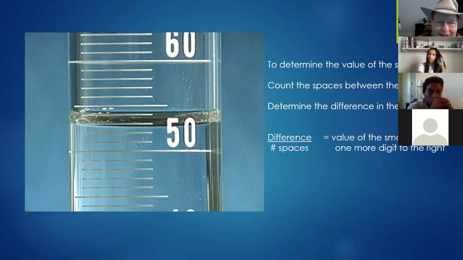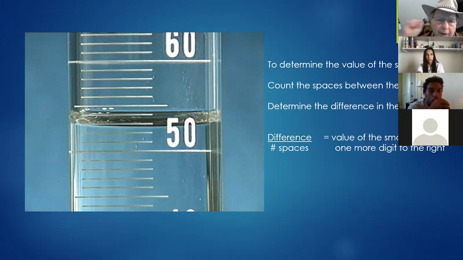Now I got to estimate how far it is between these. Would you agree that my liquid, if I'm looking at it going up, is 51, 52, not quite the 53, because I'm looking at the dark line there? Would you all agree with that? It's somewhere between 52 and 53. So the 2 is an exact number.